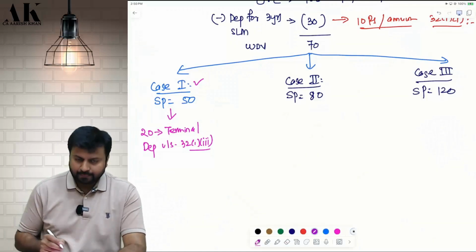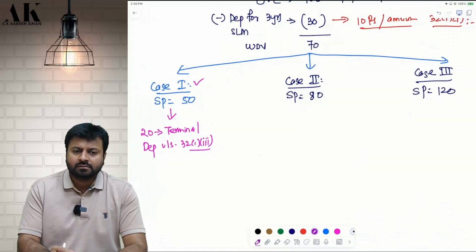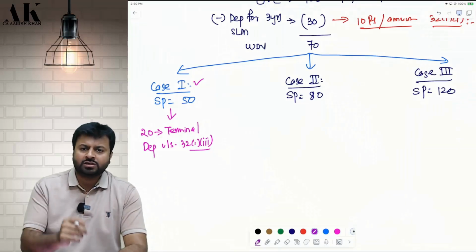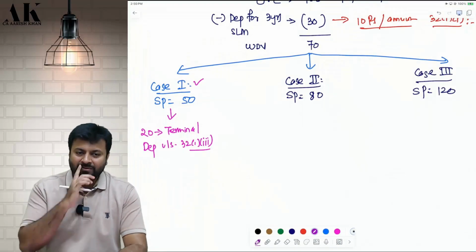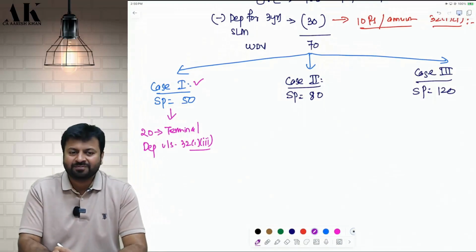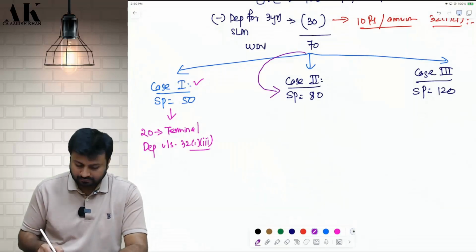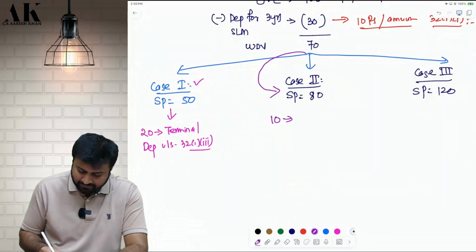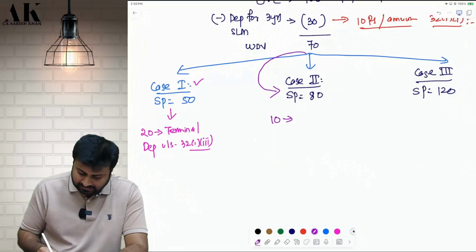Second, there is a principle of equality in this world. If there is a loss, we are giving you deduction. Okay. So if you are selling for more than WDV, you should also pay tax, yes or no? So if you are selling for more than WDV, then the 10 rupees profit which you are making, yes or no, 10 rupees profit is made now by the assessee. That will also be deemed income.